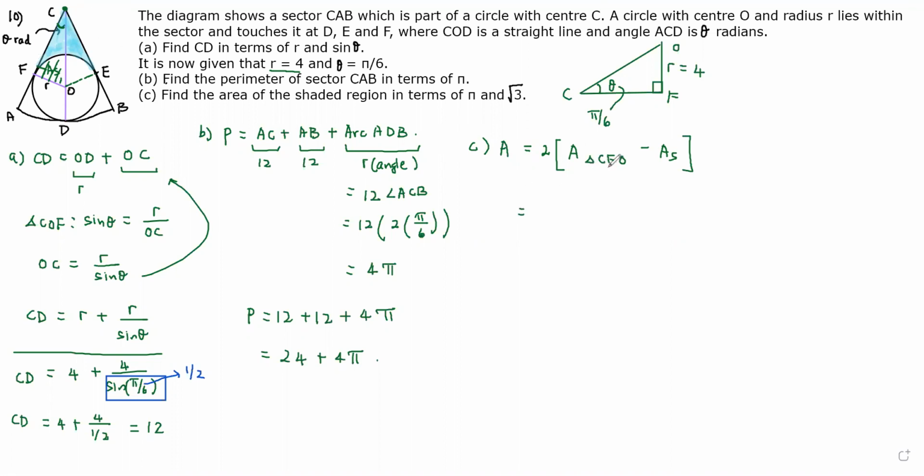Now to find the area of triangle CFO, this angle is pi over 6, and this is 4. The area of a triangle is base times height divided by 2. So we need to find CF. In order to find CF, let's look at this triangle. Tangent of pi over 6 is 4 over CF.